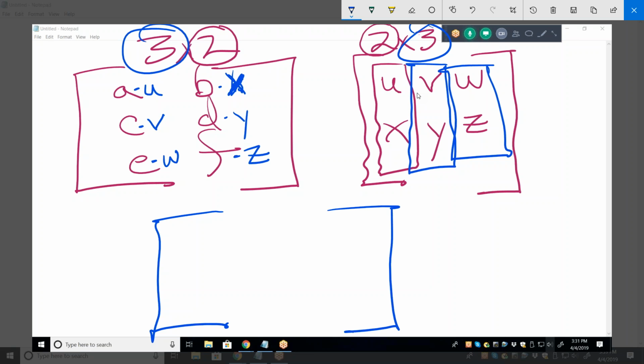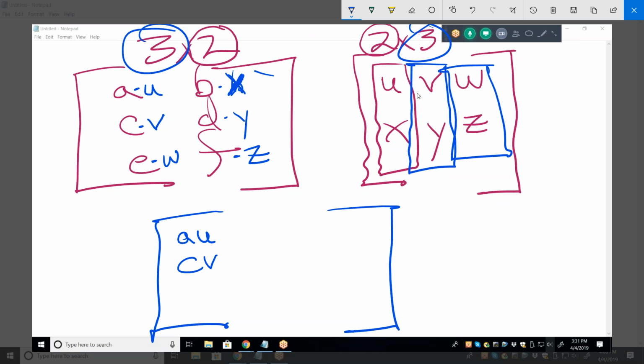And the first thing is AU. Yes, sir. The second below it is, hold on a second. Let's see. I multiply that by that, and then I multiply CV, and then below that is EW. Just a second.